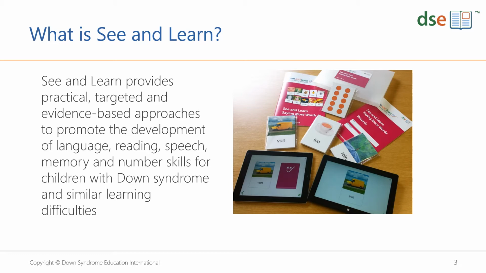But parents and teachers have come back to us and said, it'd be really helpful if we went a step further and actually provided the materials and the teaching programs. So that's what we've done. At the moment, the See and Learn programs cover language and early reading, speech, memory and number skills. So there are 4 separate programs, and within each of those, there are a number of steps taking children through learning in developmental order.